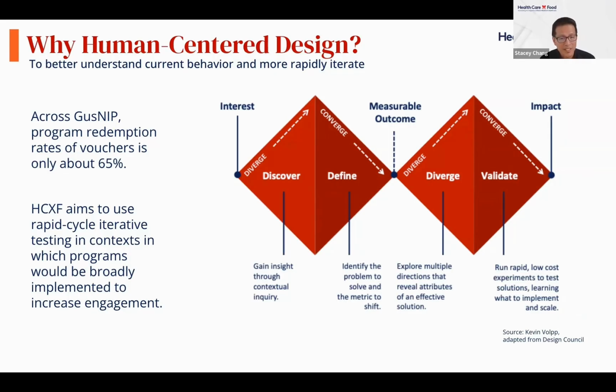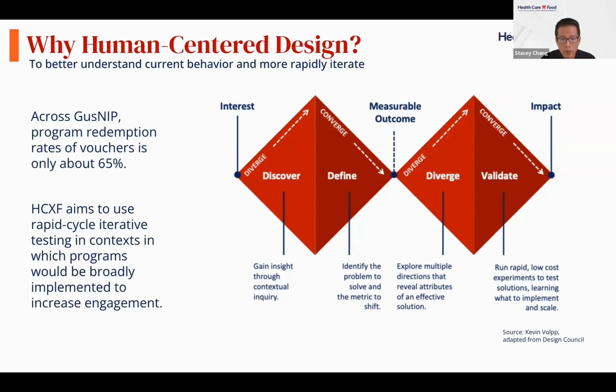The most surprising statistic is that even when provided vouchers for free food, only about 65% of those vouchers are actually redeemed. Clearly, if the provision of free food is not enough to anchor changes in food consumption, some other influential factors are at play. Part of the aim of the research component of the Healthcare by Food initiative is to conduct rapid cycle iterative testing in contexts where they could be broadly implemented to increase engagement.